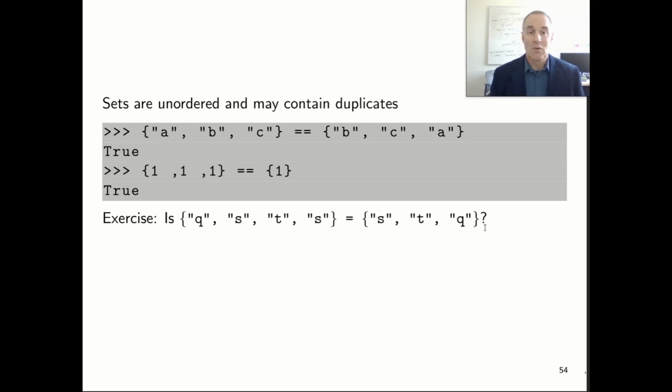And if we put in 1, 1, 1, then Python will also know that that's equal to true as well. Right, and then try this little exercise, yet another trivial exercise, but just to gain this muscle memory. Is {Q, S, T} the same as, sorry for the typo there, it should be a double equals, the same as {S, T, Q}?